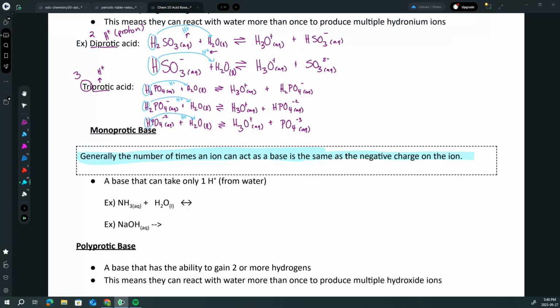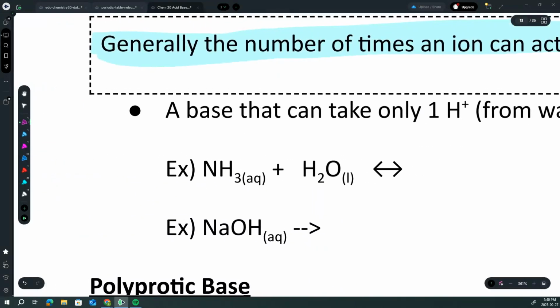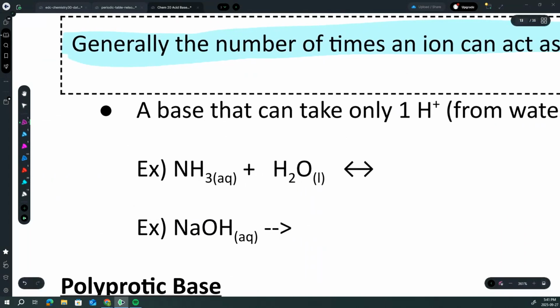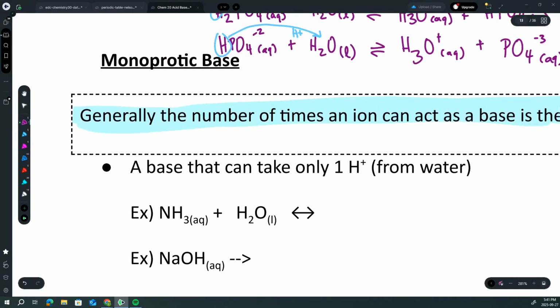Okay, there are exceptions to this, the one being ammonia. That one has a neutral charge, but it can still accept hydrogen there. So let's write that as an exception.